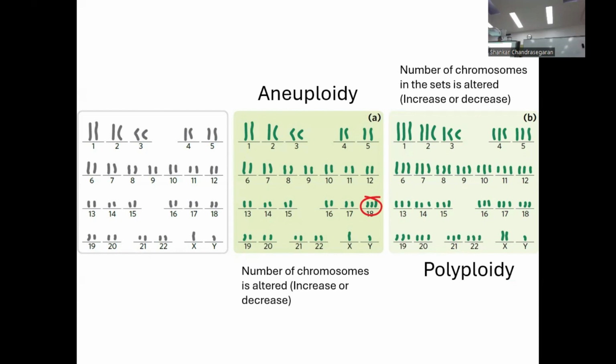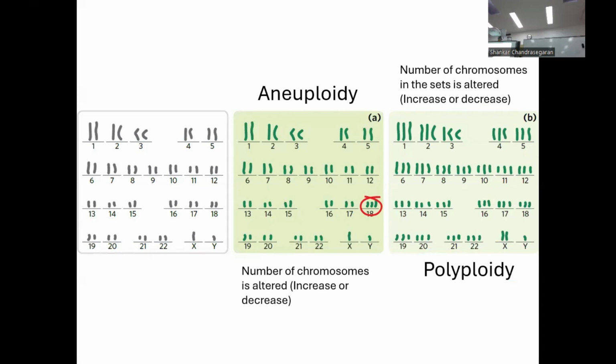In an aneuploidy karyotype, you can see that all of them have the same number of chromosome sets, and the only thing that's changed is the total number of chromosomes, where one of the sets suddenly has an extra chromosome, right? This one, instead of having 2, suddenly has 3, changing the total number of chromosomes from 46 to 47. That is aneuploidy.